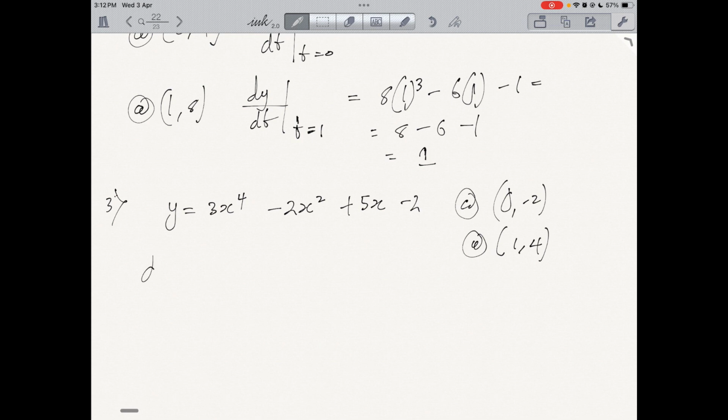So the first thing we evaluate is dy/dx, and this will give us 12x raised to the power 3 minus 4x plus 5.